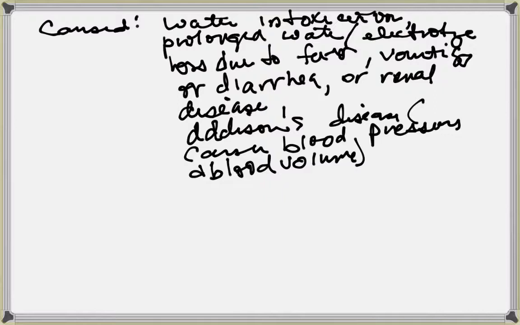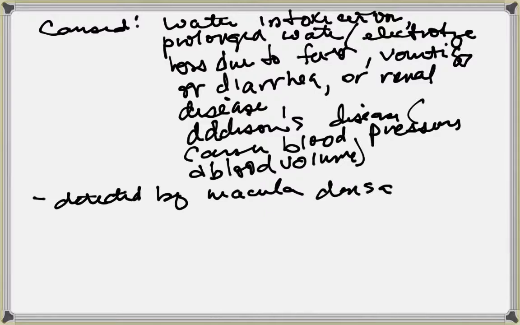So when the body is trying to detect sodium concentrations, it's essentially detected by the macula densa cells that are in the kidney. And what they're going to do is release renin.